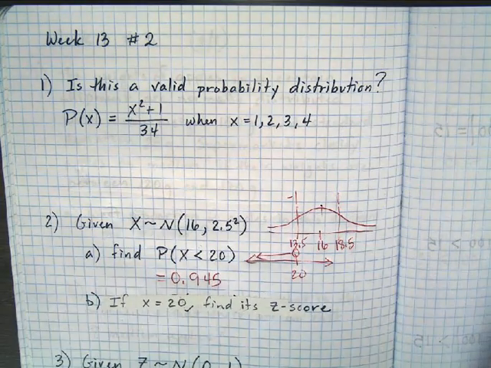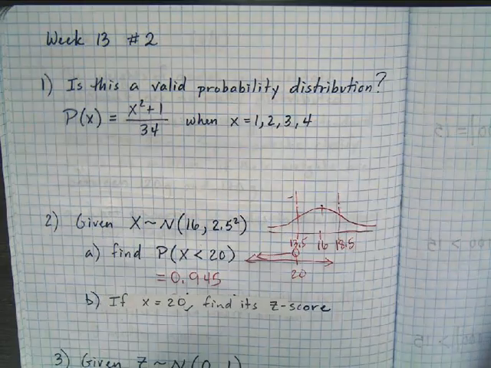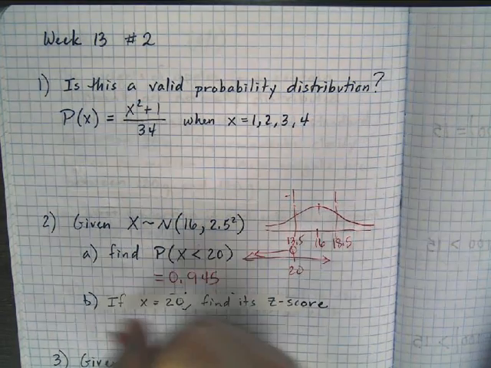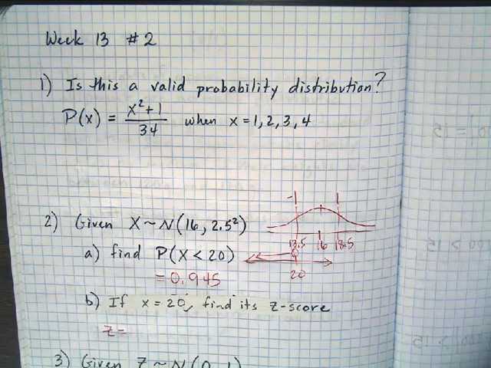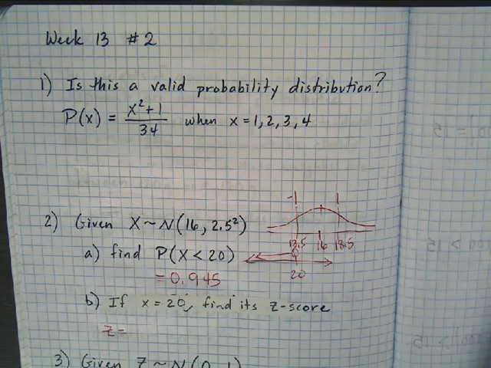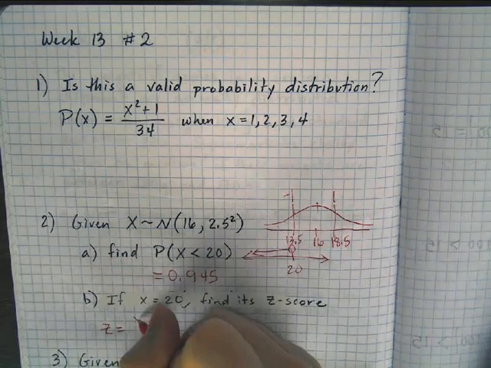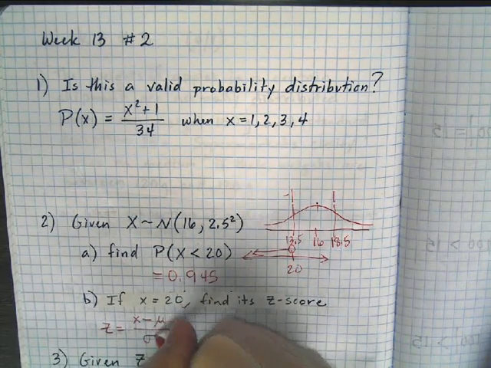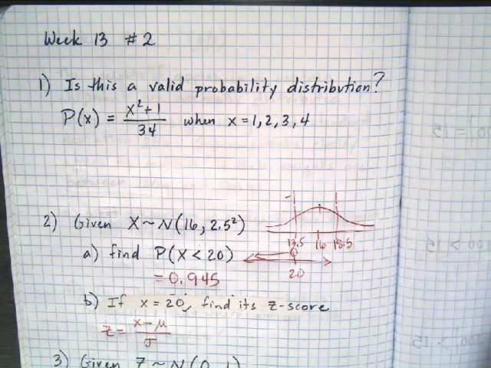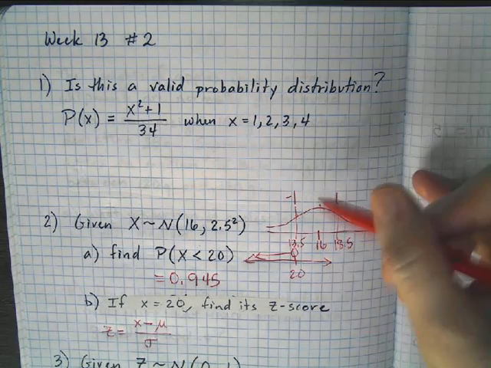So from the notes, we had the formula that the z-score is equal to, oh shoot, I'm doing it right in my notebook. I meant to do it on here, so I have more room, but oh well. Z is equal to x, the value of x, minus the mean, divided by the standard deviation. We want to know how many standard deviations 20 is away from the mean, 16.